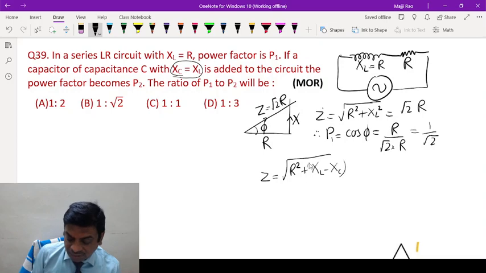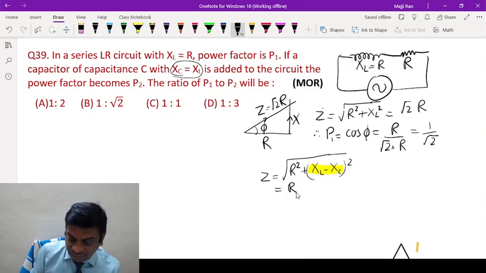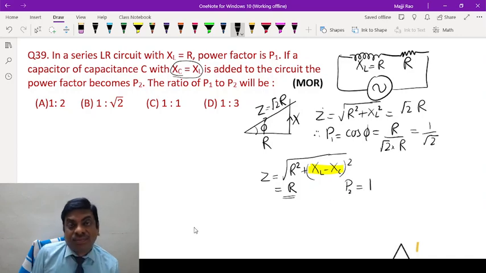So Z will remain R itself. So in such a case, it is a pure resistive circuit, and it is in resonance. So in such case, power factor is 1 because there is no phase difference between voltage and current. Phase difference being 0, cos of 0 is 1.